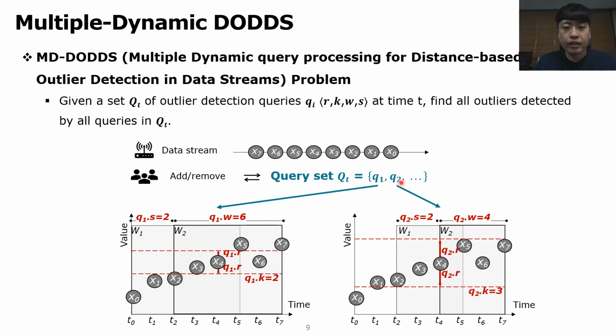And in this query set, there are many different queries, and each query defines different types of outliers by their own parameters. So for every timestamp, an outlier detection method which solves the MD-DODDS problem has to process different queries, considering their different parameters, and decide whether a certain data point is an outlier or not.